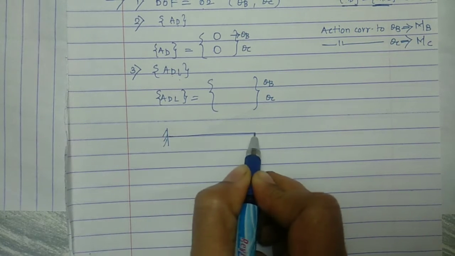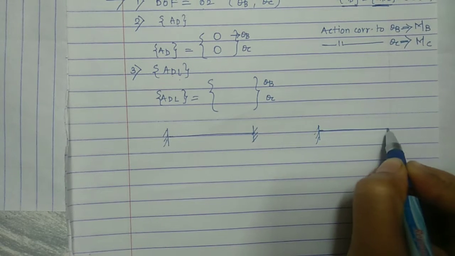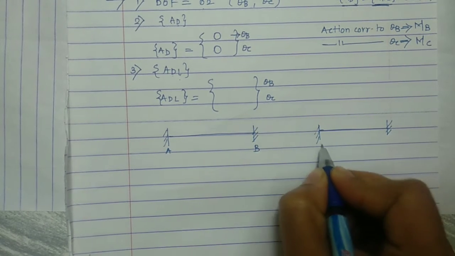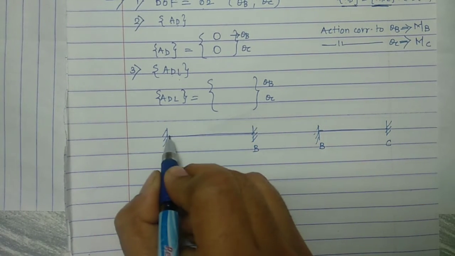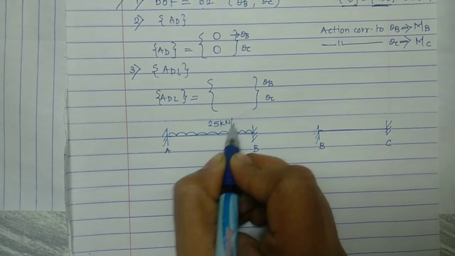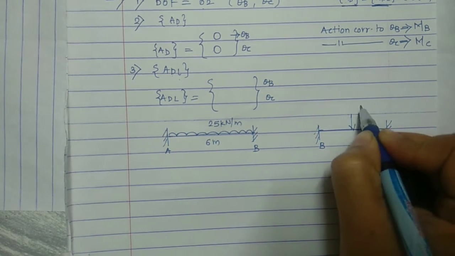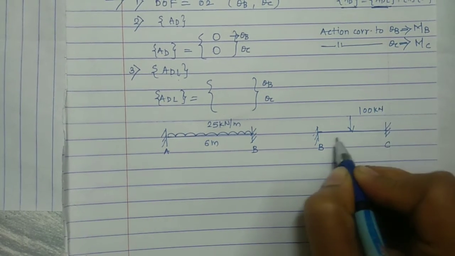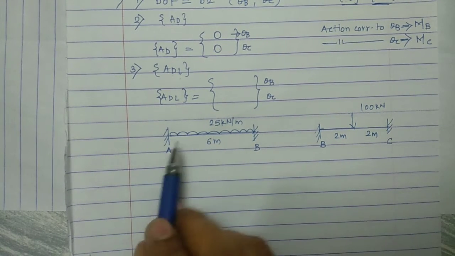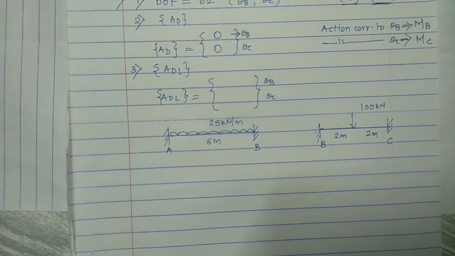I will draw beam AB and member BC. AB is subjected to UDL 25 kN per meter. BC is subjected to a point load of 100 kN at center. This is a restrained structure, that means fixed supports at both ends.